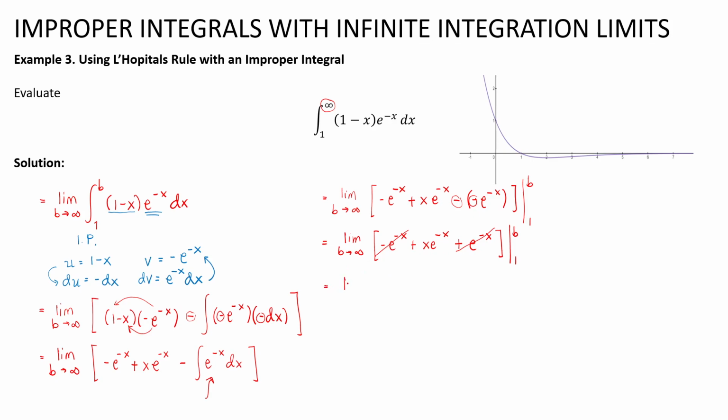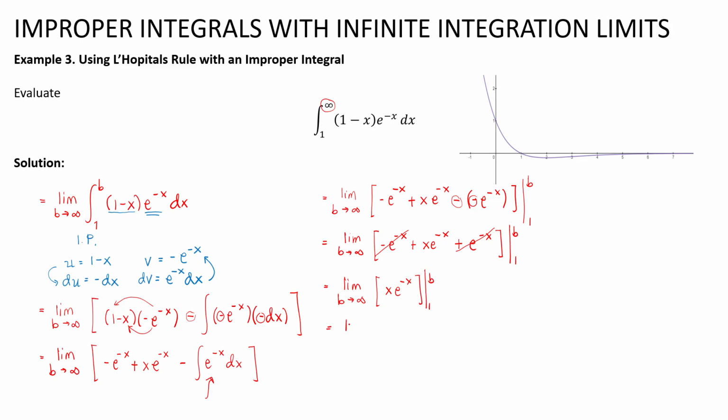So what is left now is the limit as b approaches infinity of x times e raised to negative x from 1 to b.